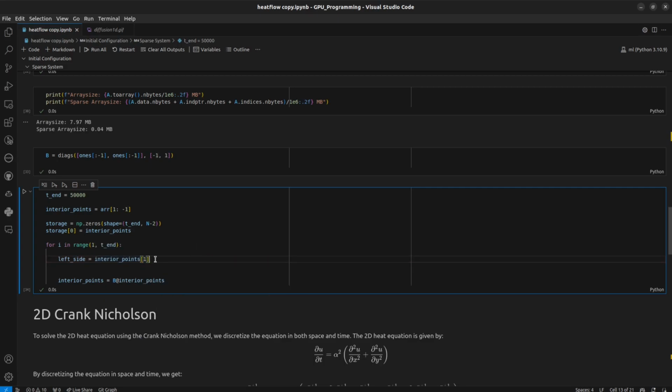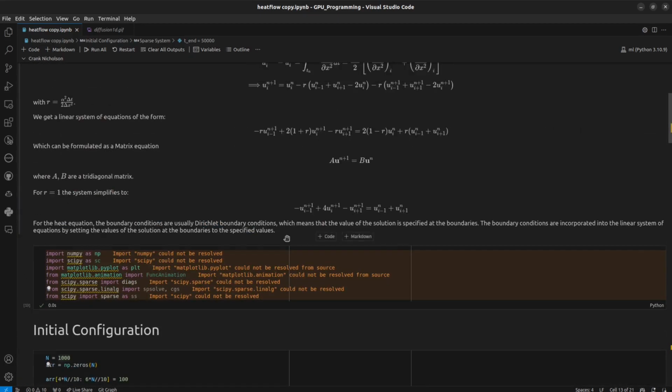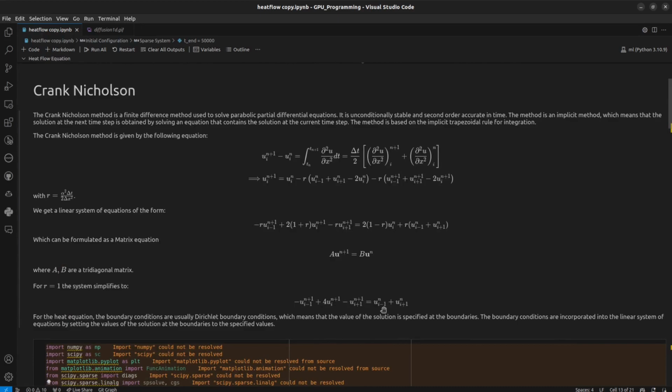So the point which is closest to the left boundary is going to be the 0th point of the interior points, but if you have a look up here, the 0th point is going to be affected by the point left to it and to the point right to it.